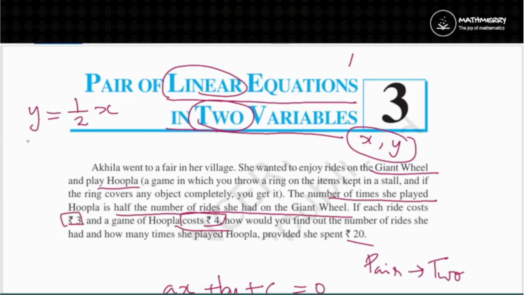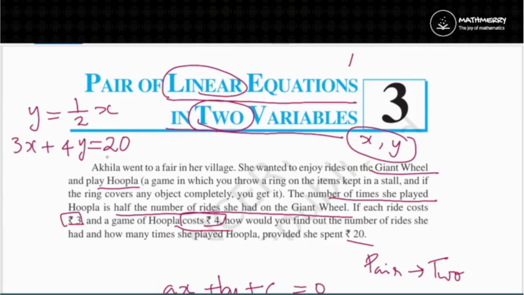So we can write 3 into x plus 4 into y, where y is the number of times she played hoopla, is equal to the total cost, rupees 20. So we have 3x plus 4y is equal to 20.